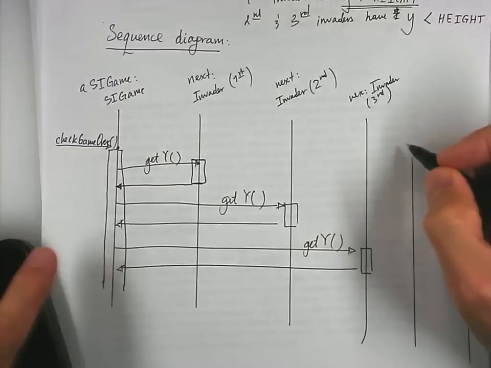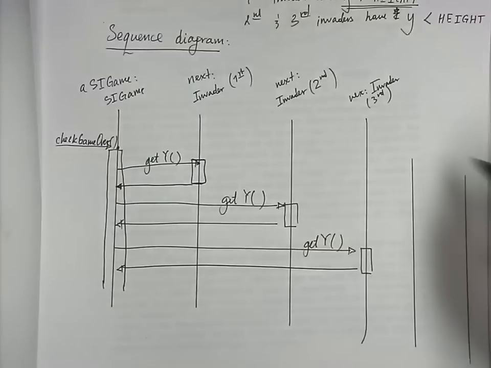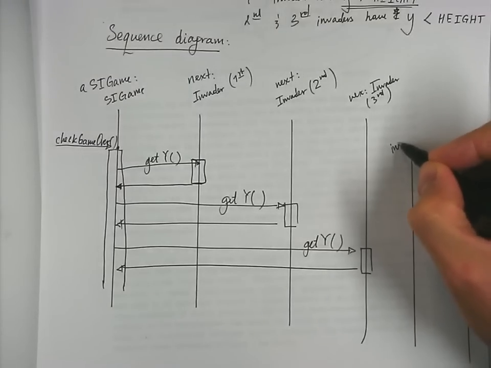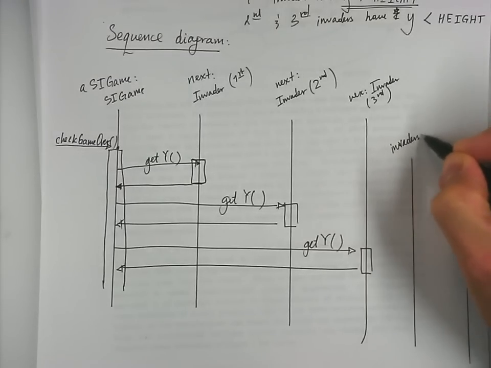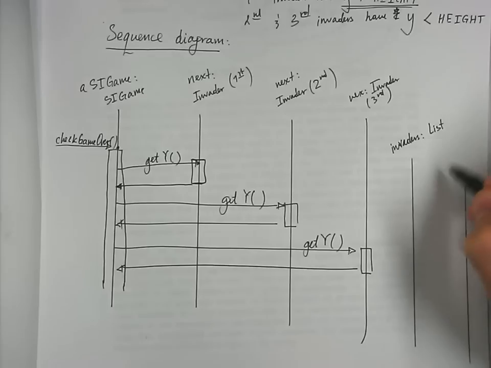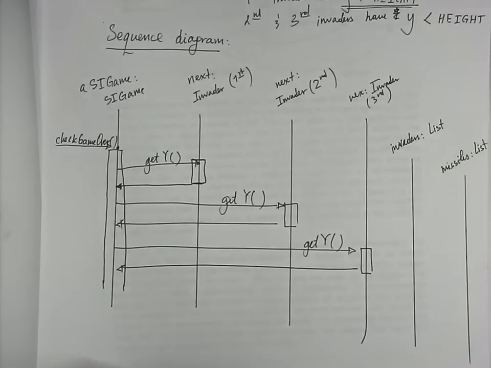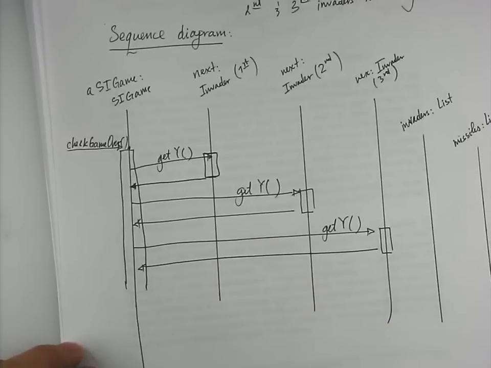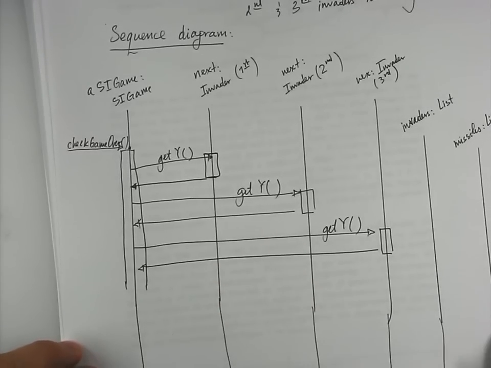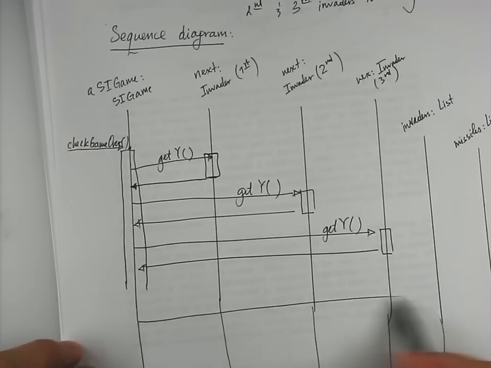So I have my invaders. I'll just say it's a list for now. And missiles. Continue this lifeline. All of them. And I'm going to call each one.